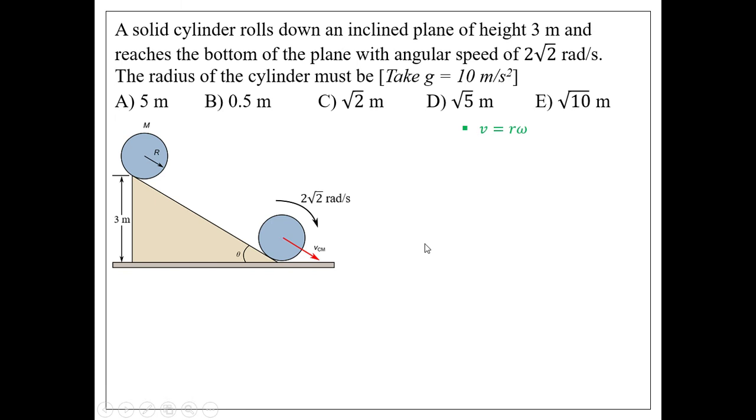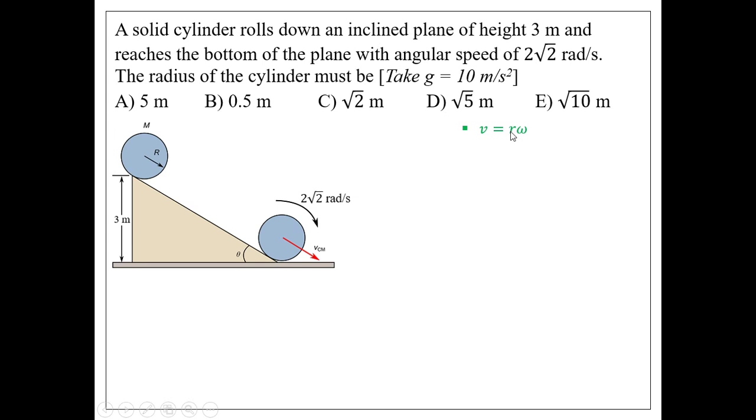All right, so here the problem wants us to find the radius. If you think about it, you know the bridge function between linear speed and rotational speed is simply multiplying by r. I'm going to apply this because the angular speed is given as 2 rad per second at the bottom.